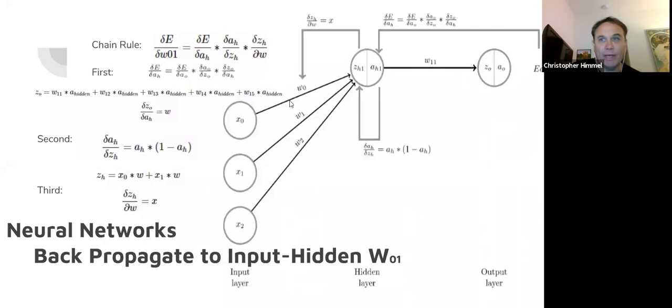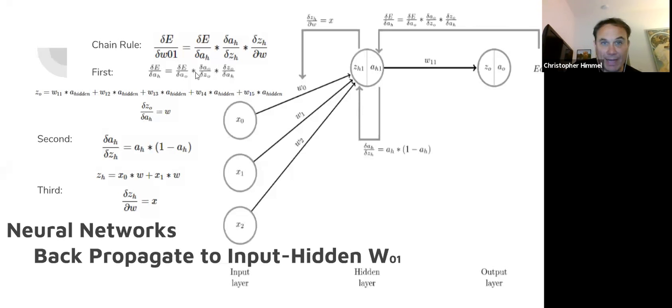So we can easily calculate that by saying, okay, Z0 is, what is it? It's the weighted sum of all the neurons. So the partial with respect to one of those neurons is just the weight between that neuron and the output.